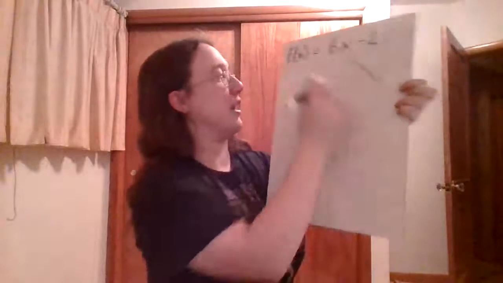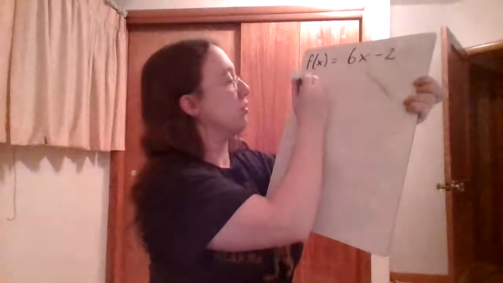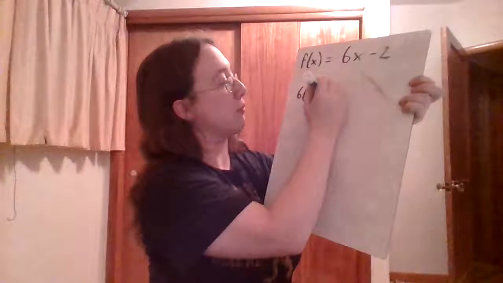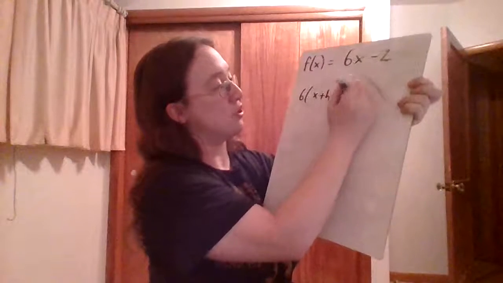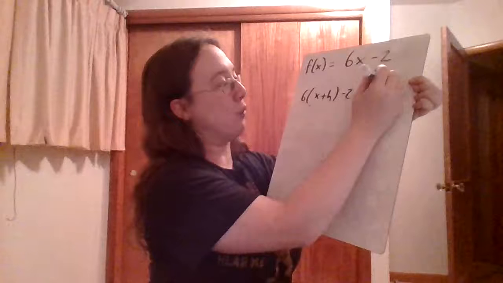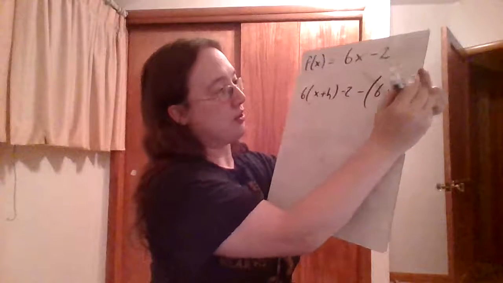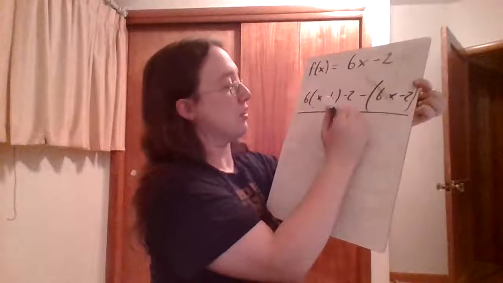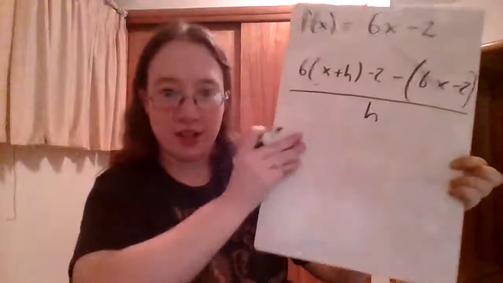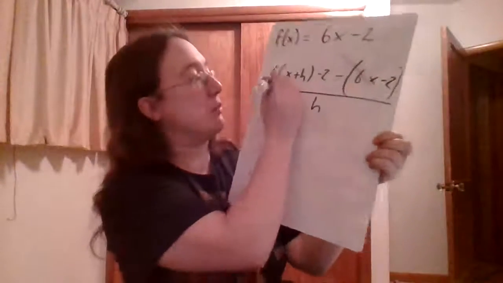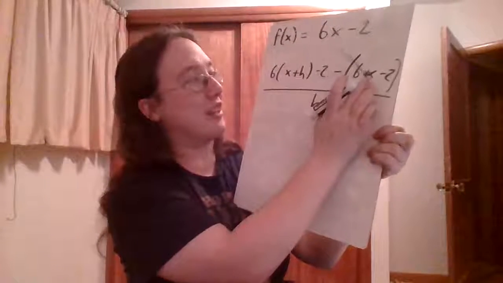So we're going to say we've got 6 times x plus h minus 2 minus, and again, watch out for when I subtract the whole thing, 6x minus 2 over h. So we've got the x plus h that we plugged in instead of x, and then just that f of x.